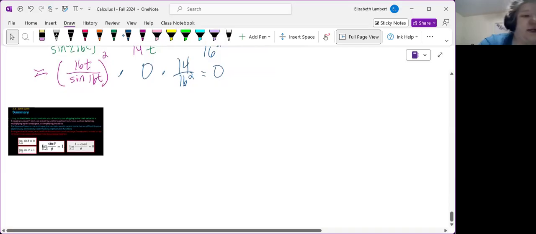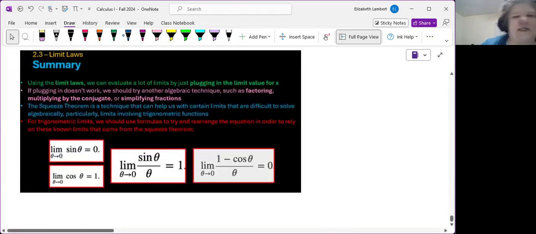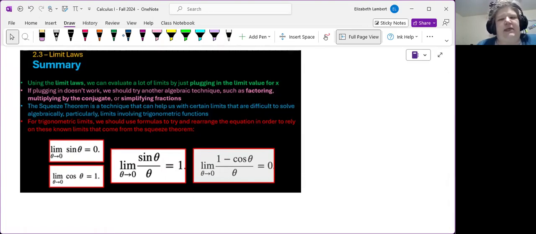And that concludes the ridiculous long lesson of the limit laws, which generally is plug it in, a meme older than all of you. If that doesn't work, try some weird algebra.